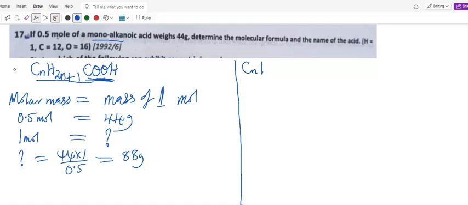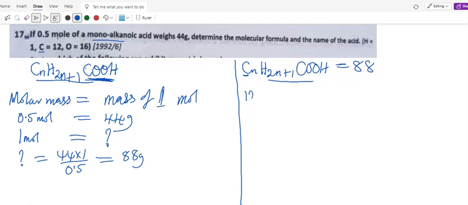So CnH2n+1COOH is equal to the molar mass. It means the sum of the atomic masses here must weigh 88 grams. Okay? Now, finding n. The atomic mass of carbon is 12. You can see that it was given in the question.